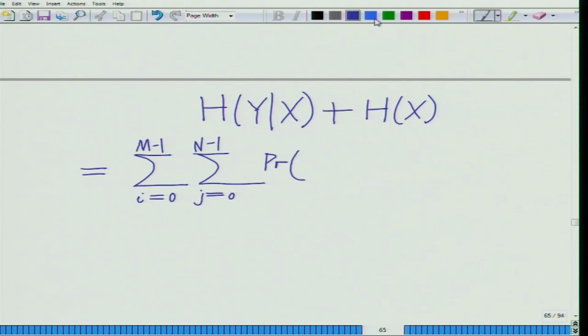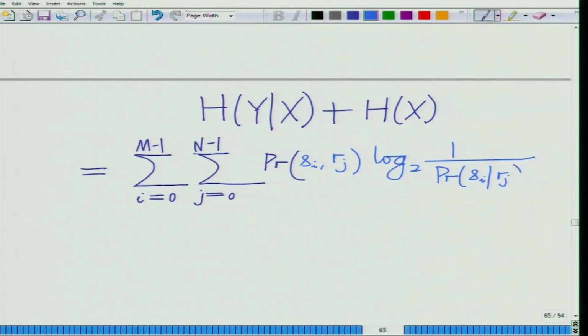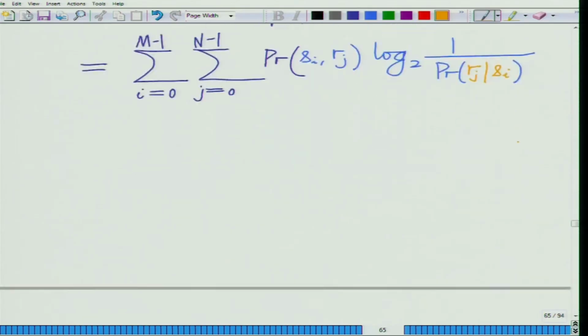This is probability of Si comma Rj log to the base 2 1 by probability Rj given Si, okay.